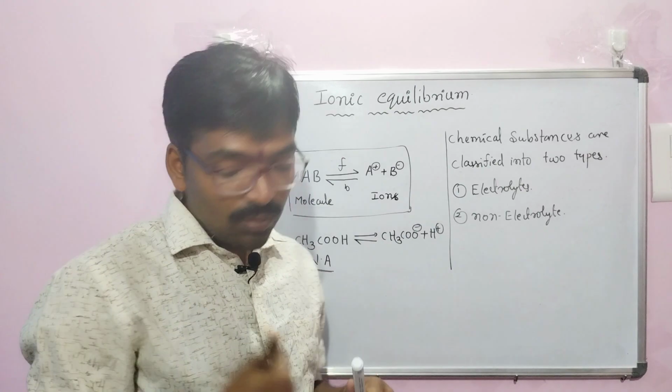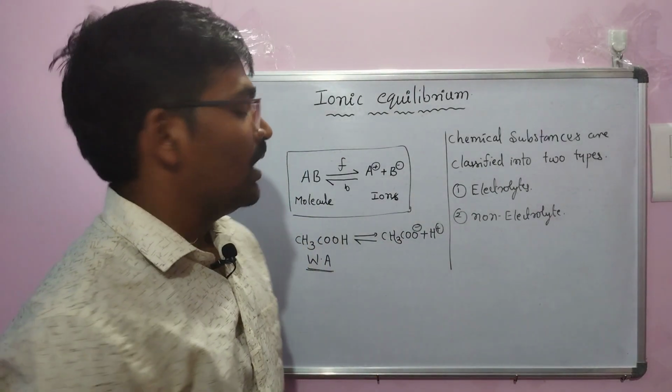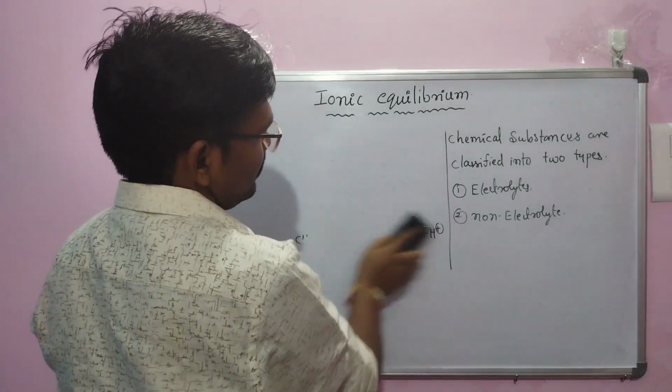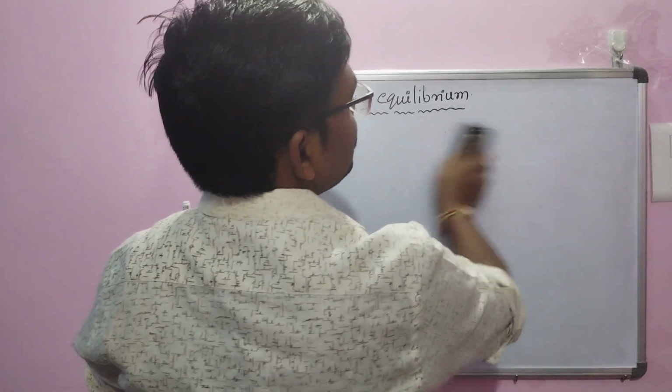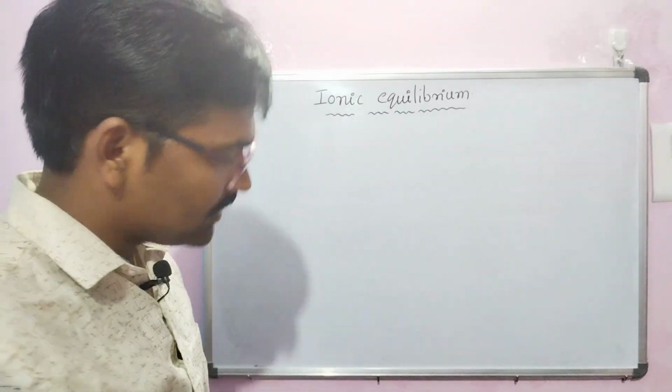Electrolytes are divided into two types. Sir, what are those? Chemical substances are two types, electrolytes and non-electrolytes.